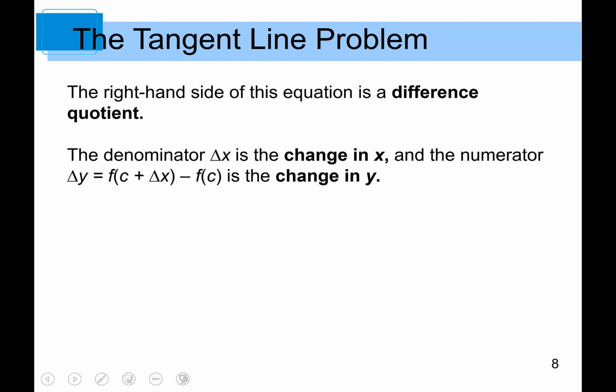The right-hand side of this equation is a difference quotient. The denominator delta x is the change in x, and the numerator delta y is the change in y, which is f of c plus delta x minus f of c.